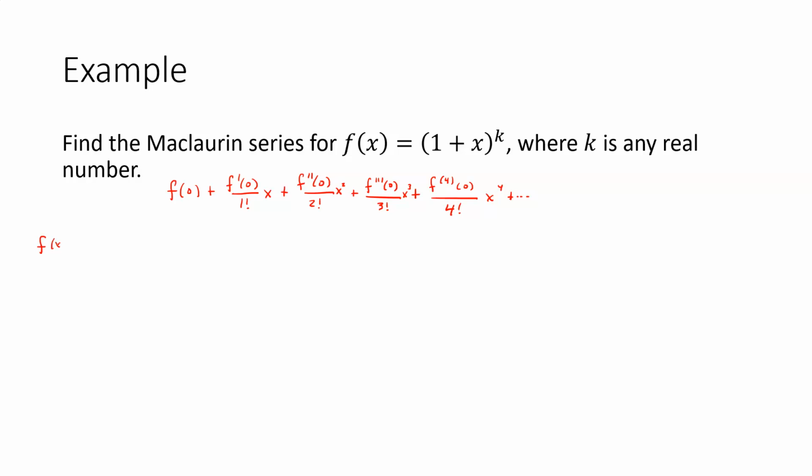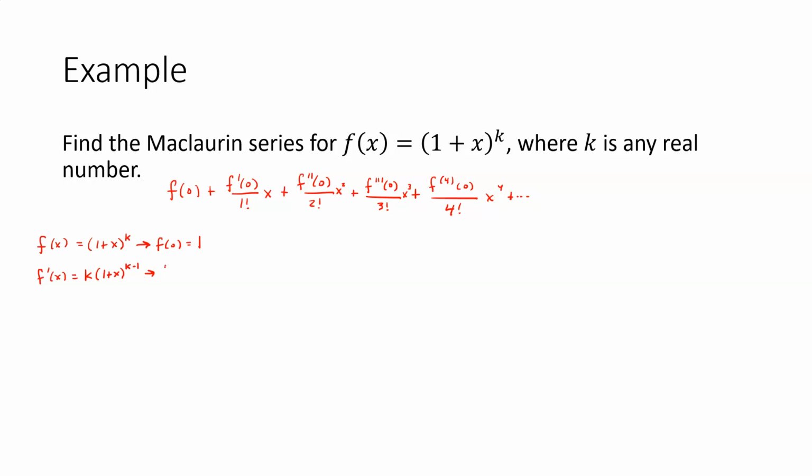Well, let's start with f of x equals 1 plus x to the k, evaluated at 0 will just be 1 to the power of k, which is just 1. f prime of x will be k times 1 plus x to the k minus 1.